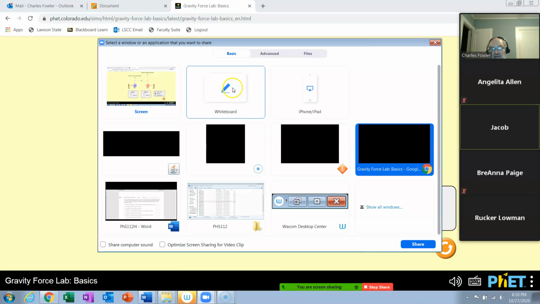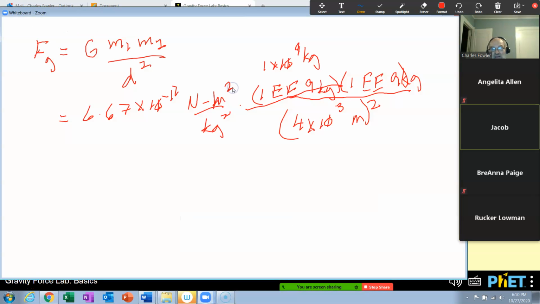Now let's start again. 6.67 EE 11 change sign. If your calculator doesn't do a change sign like that, put the minus sign in parentheses in front of the 11. That works also. My phone, I have to do the 11 and then change sign.